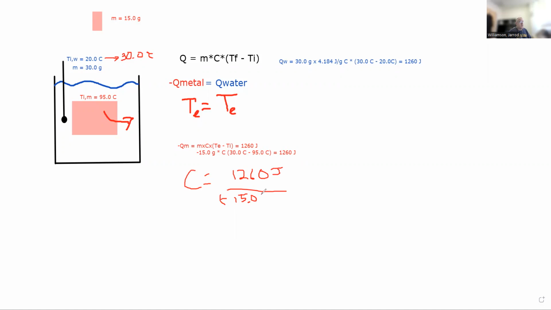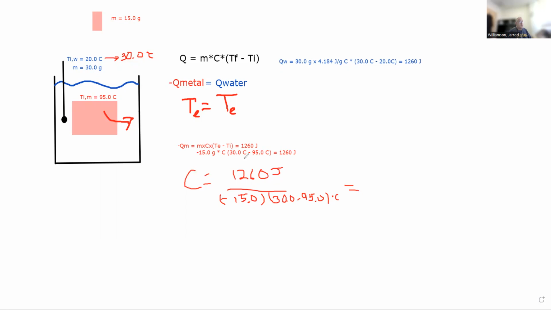And that minus sign can be on the top or the bottom, it doesn't matter. And here I'm going to have 30 Celsius minus 95 Celsius. I'll put my Celsius outside.